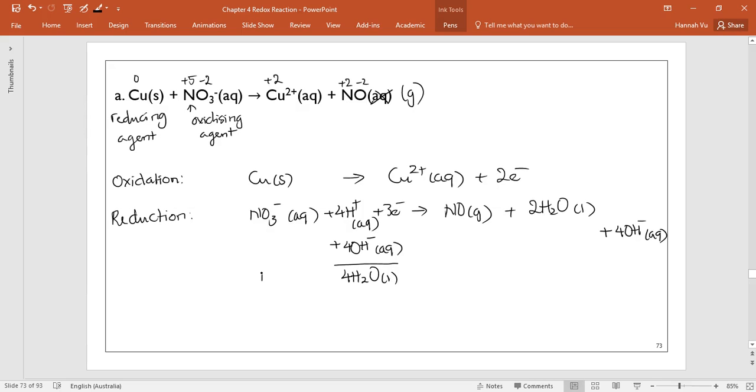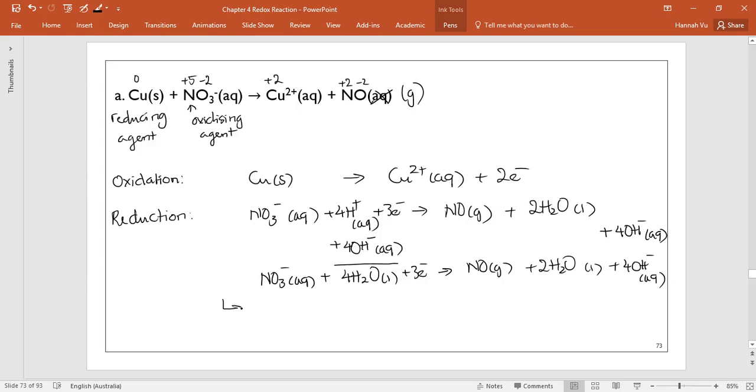And I'm just going to write the rest of the equation again. So I have NO3 minus plus 4H2O plus 3 electrons going to NO plus 2H2O plus 4OH minus. You definitely want to simplify the water.